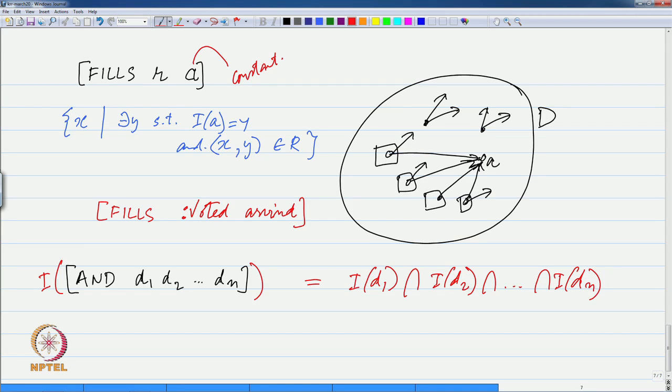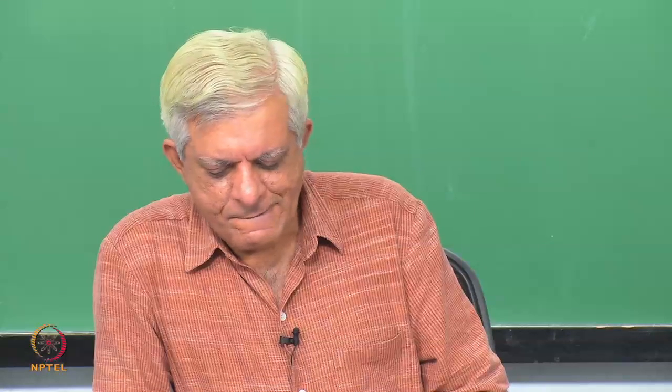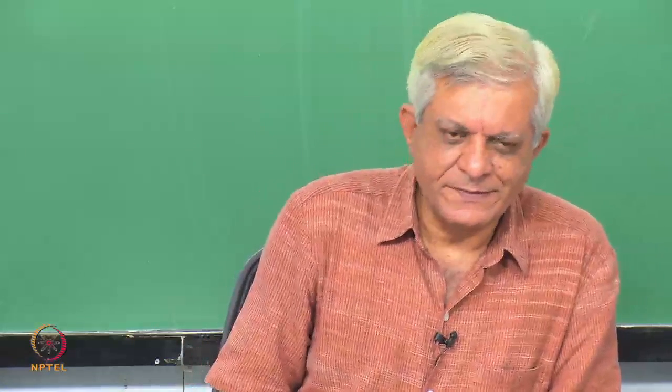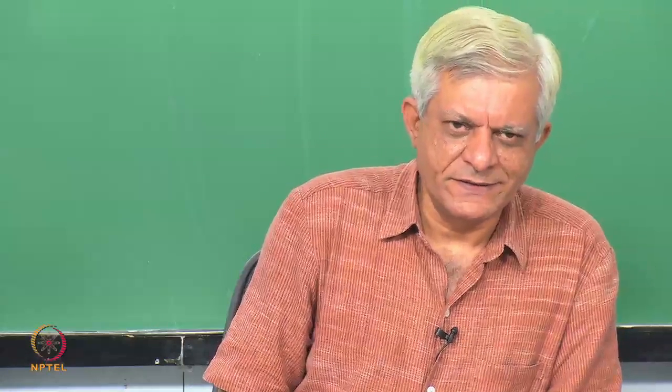So, this and is basically like in English language and you are saying that the person must be a d1, the person must be a d2, the person must be a dn, if you are talking about people here. So, basically the intersection of all the images of these things. So, these are the 4 concept forming operators that this particular language allows essentially.